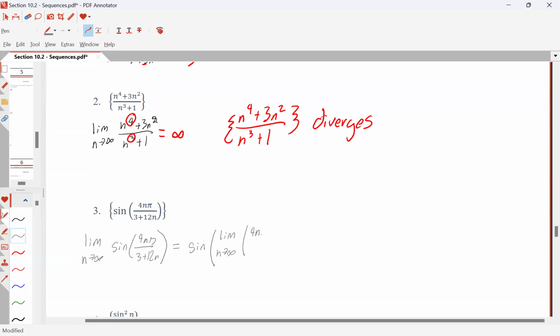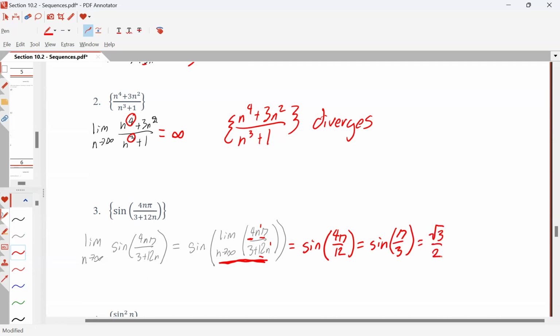So passing that limit inside the function, we want to look at the limit of 4n pi over 3 plus 12n. What's inside this limit is now a rational where the degrees match. Since the degrees match, we look at the coefficients, which is 4 pi over 12. So this is equal to sine of 4 pi over 12, based on those coefficients on n, which is sine of pi over 3, and sine of pi over 3 is root 3 over 2.